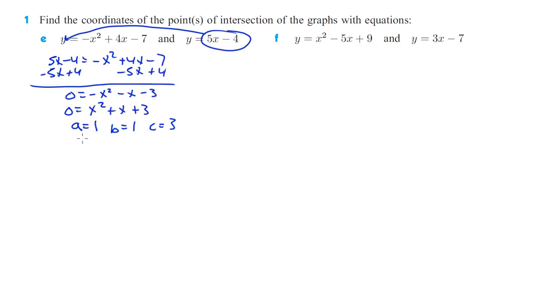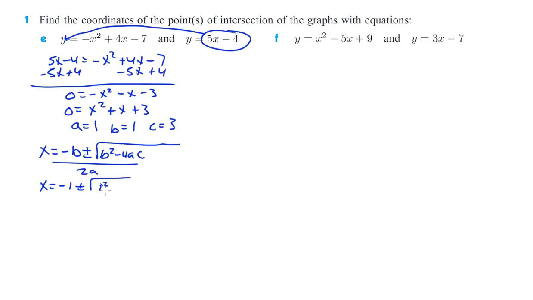So quadratic. We got x equals negative b plus or minus the square root of b squared minus 4ac all over 2a. So in this case, we get x equals negative 1 plus or minus the square root of 1 squared minus 4 times 1 times 3, all over 2 times 1.